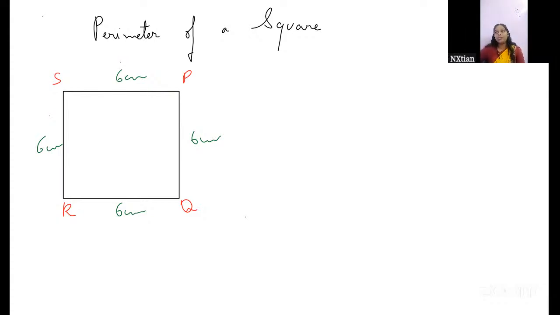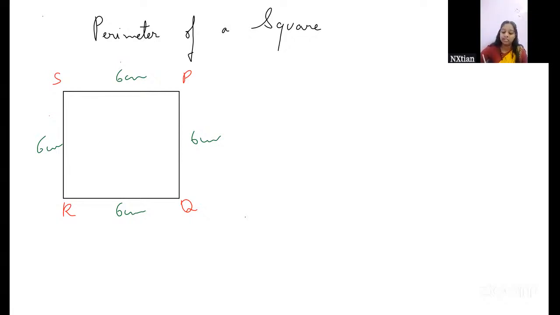Ma'am, so the formula is P equals S multiplied by 4. Yes, S multiplied by 4, or 4S. Because multiplication takes less time. We just have to do it only once. We multiply with 4 and we obtain the perimeter, instead of adding every side individually.